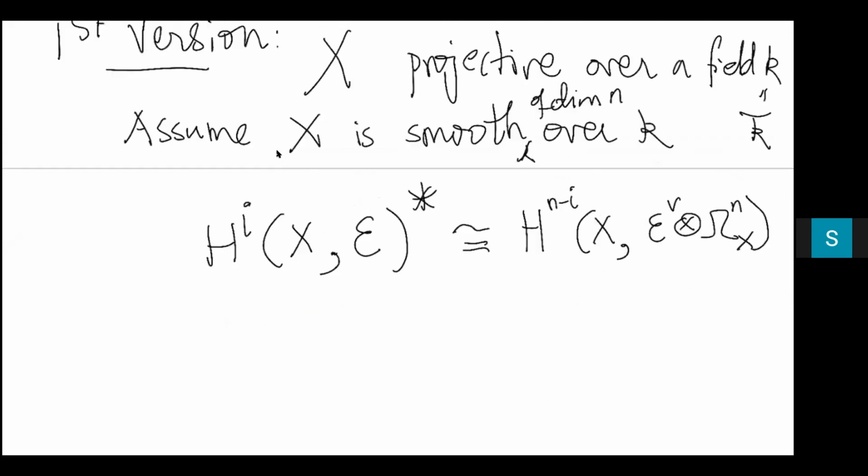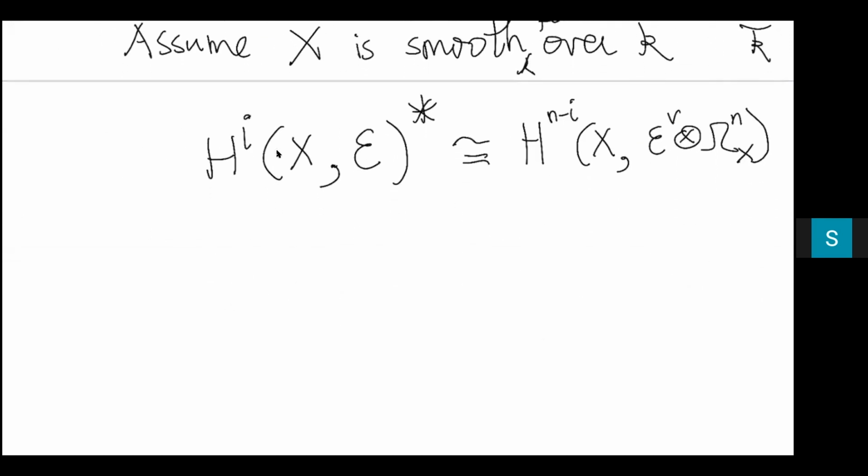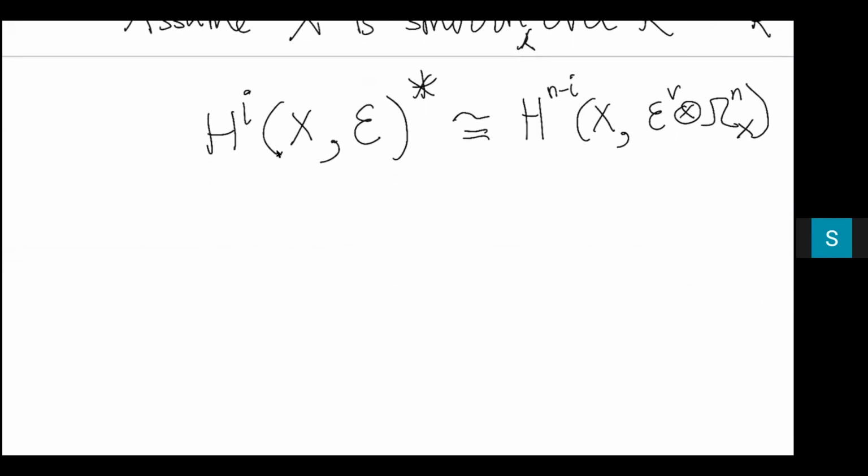So the first thing I want to mention is that if you look at the statement, if you put E is equal to O, what are the various things that this formula seems to suggest?